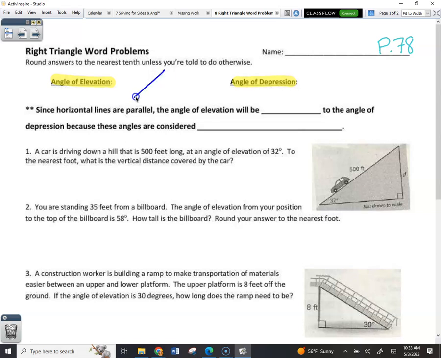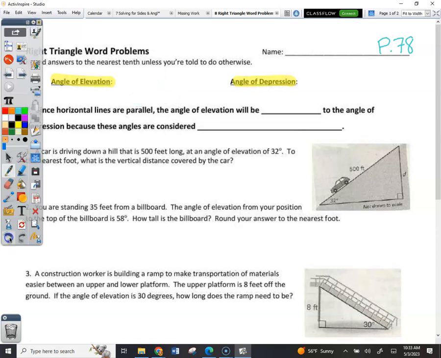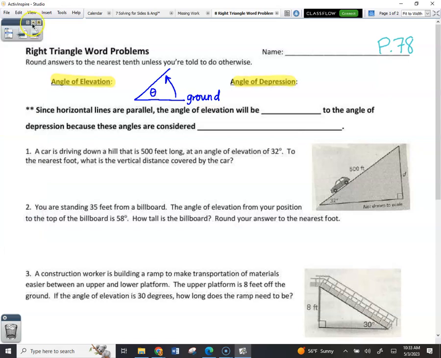It would be the angle formed by looking at the ground and raising your head upward. I want you to write this: think elevate means up.